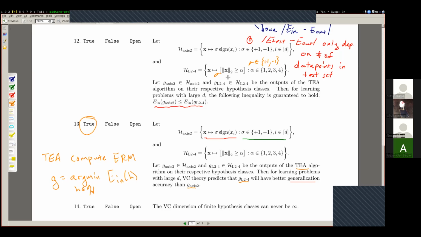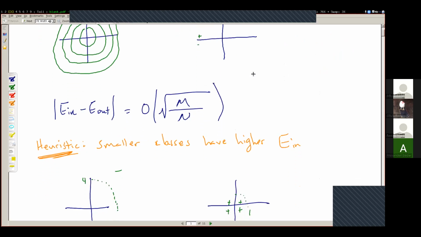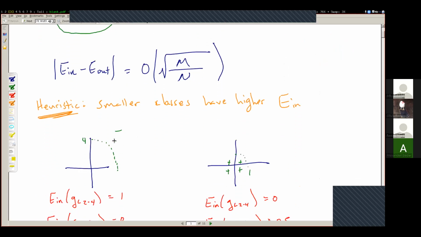Then we would be allowed to switch the positives and the negatives around. And then the particular example that I have down here would not work anymore.